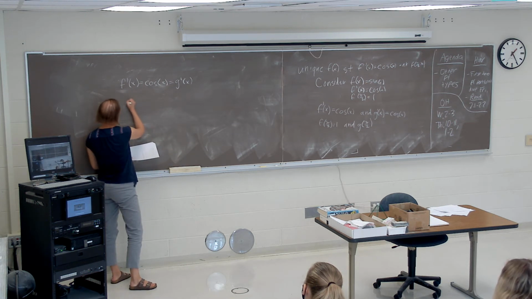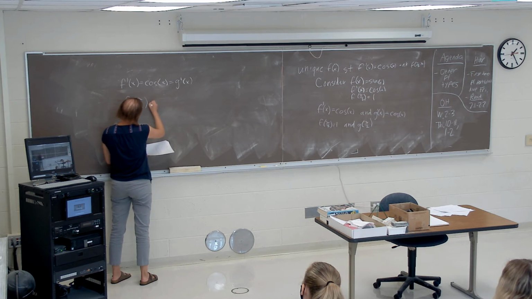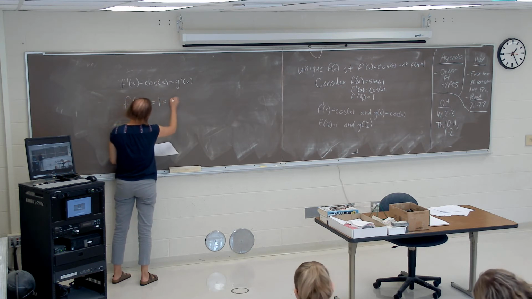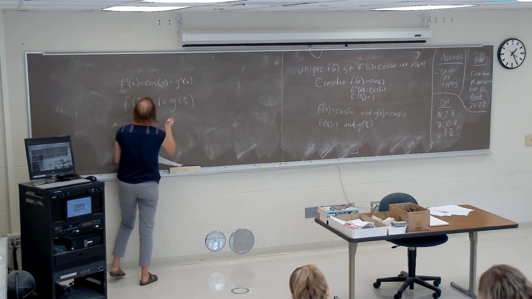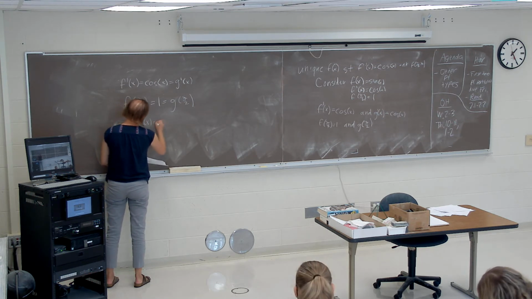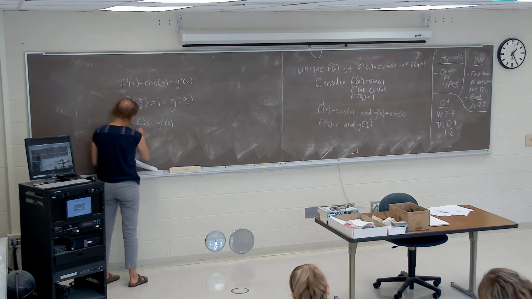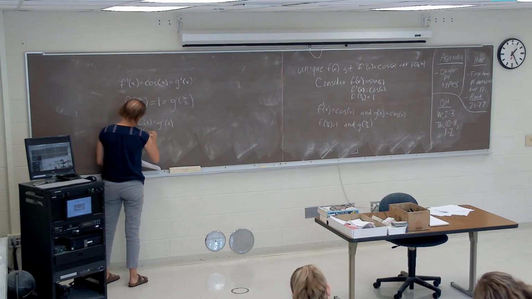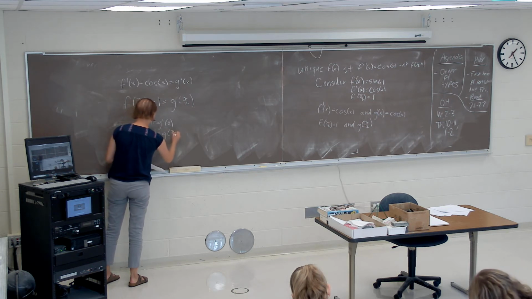I also have f of pi over 2 is equal to 1, which is equal to g of pi over 2. And you can finish with f prime of x is equal to g prime of x, and f of pi over 2 is equal to g of pi over 2.